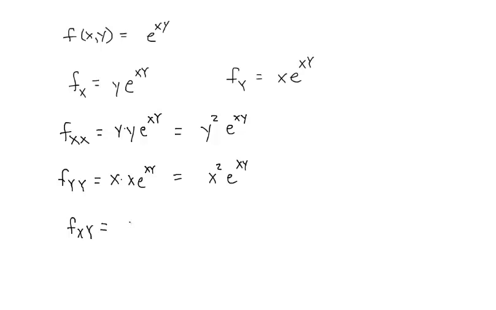So it's first, or y, times the derivative of the second term, which is the rewrite e to the xy, times the derivative of the exponent with respect to y, which is going to be x, plus the second term, e to the xy, times the derivative of the first term, which is y, with respect to y. So we have a 1 here. So we end up with xy e to the xy plus e to the xy. And those are our second order partials.